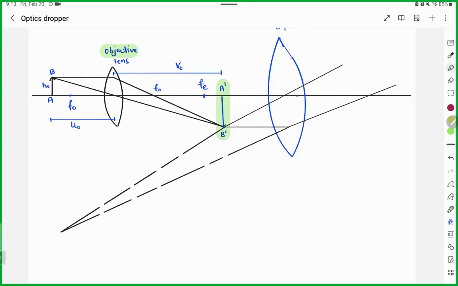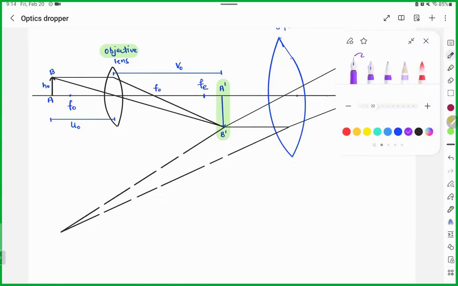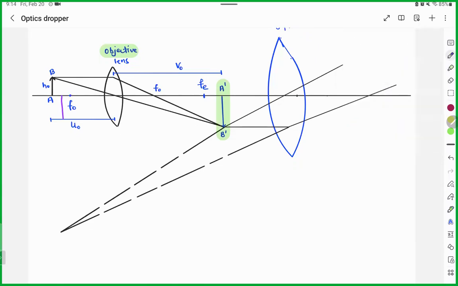So what is happening? The ultimate purpose is that when you placed the object, you formed an image which was bigger, but not big enough to observe clearly. Then we kept one more lens. Because the lens has a bigger aperture, it will form a bigger image, and the image will form here. That's why you will call it A double dash B double dash. This is the final image.